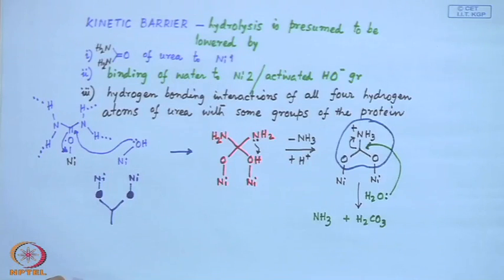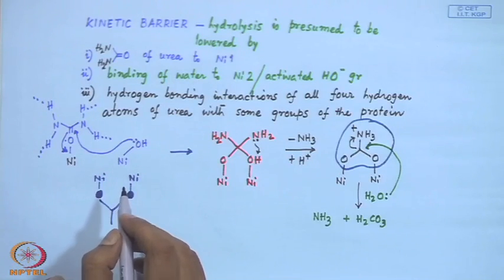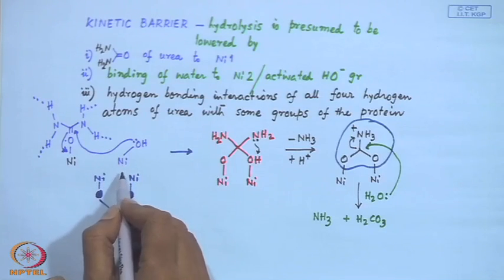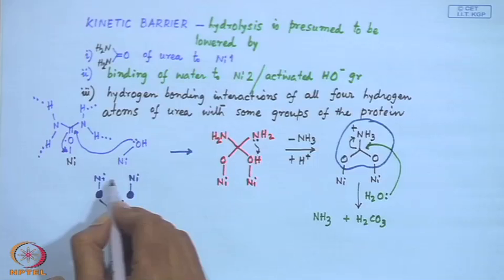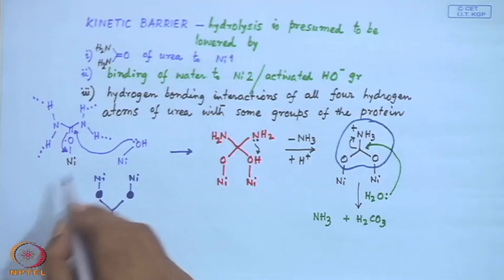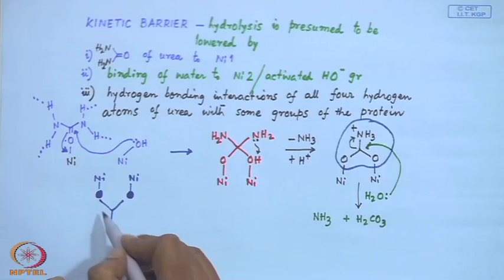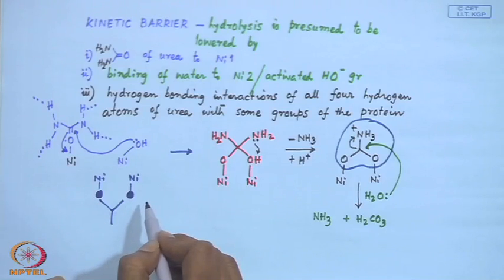Initially within the ligand system, whatever groups are present, that means a weakly bound, loosely bound water molecule as well as another monodentate water molecule, all will go. So, basically the enzyme is resting on an acetate bridging moiety.